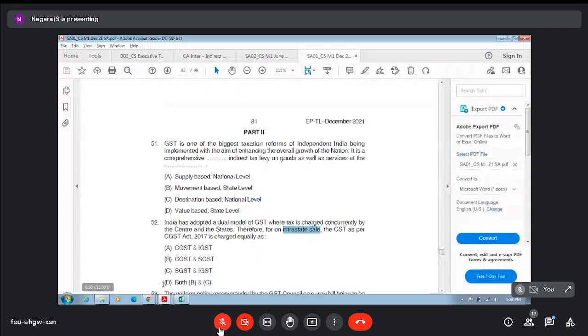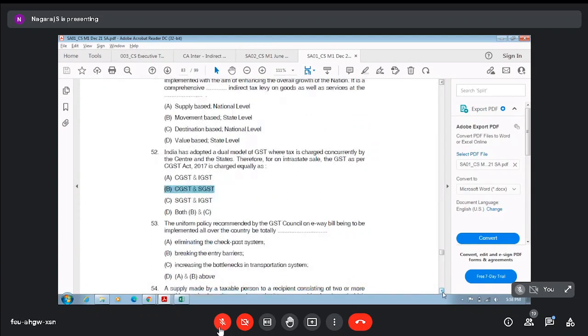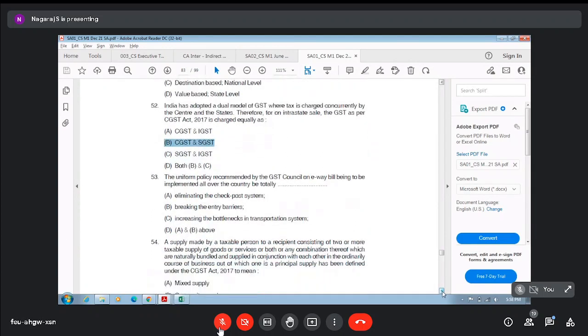As per CGST Act, it is charged equally as which? Is it CGST, IGST or CGST, SGST or SGST, IGST? Both B and C. CGST, SGST. CGST and SGST. This is the one. How many marks? 1 mark.